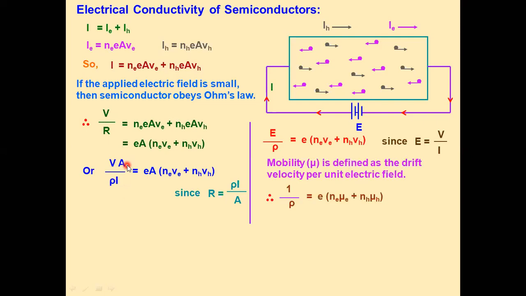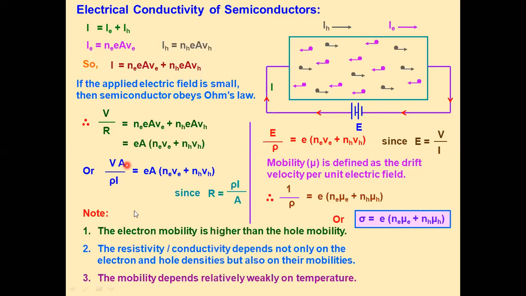So finally we can conclude that the conductivity depends upon the mobility of the electrons. The electron mobility is higher than the hole mobility. This is 1 upon rho, the resistivity, and its reciprocal is known as conductivity.